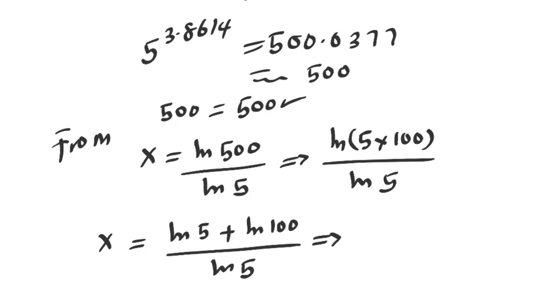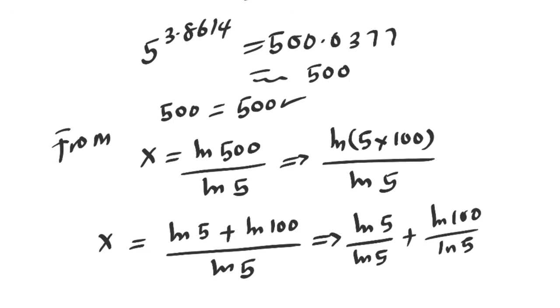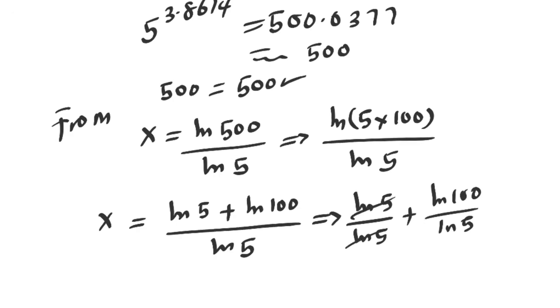And this is same thing as ln of 5 over ln of 5 plus ln of 100 over ln of 5. This ln of 5 cancel this ln of 5.